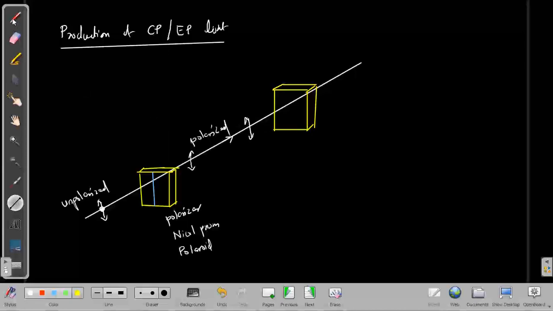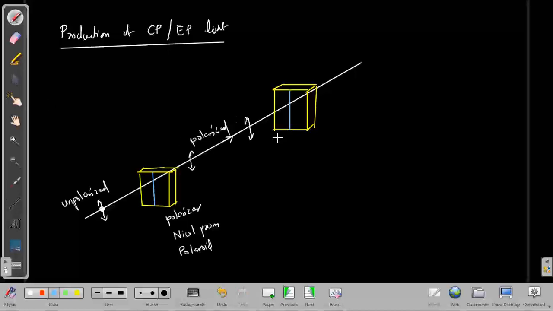Now there is one more point. Here there are two axes. One is the axis for ordinary light and another one is the axis for extraordinary light, because the ordinary light and extraordinary light are both linearly polarized in mutually perpendicular directions. Suppose your optic axis is like this, the optic axis corresponding to the ordinary light.